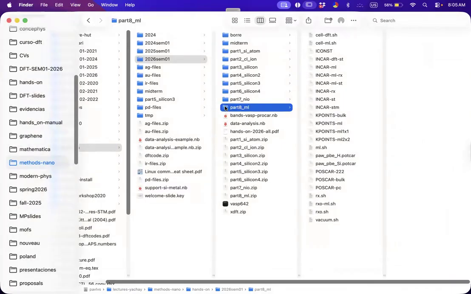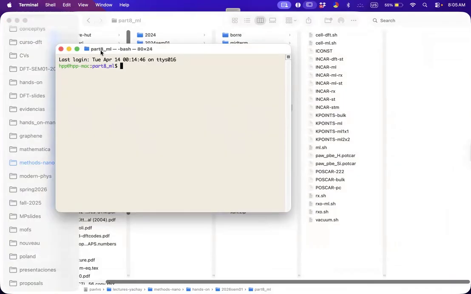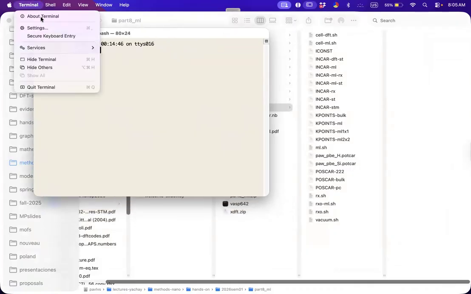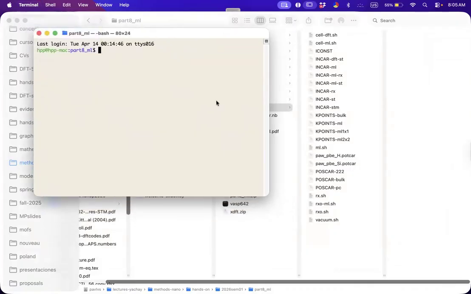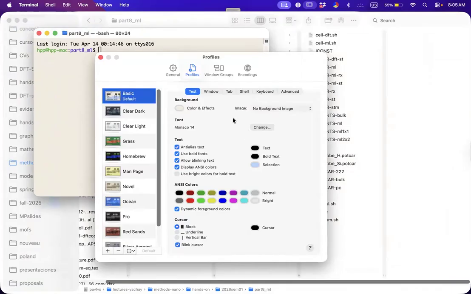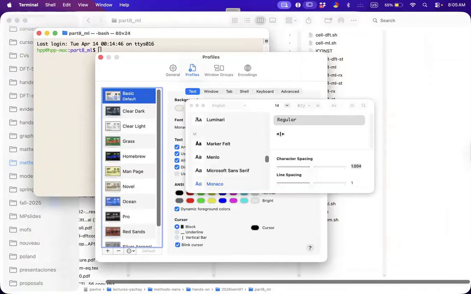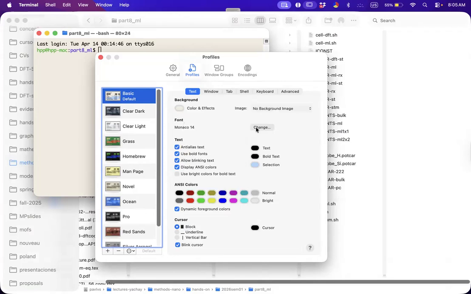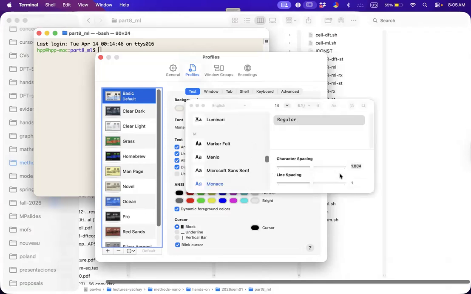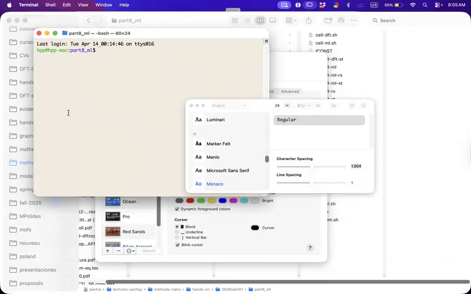I'm going to increase the size. Sorry, guys. Settings. Okay, change. Where is this? Line spacing. Is this better?